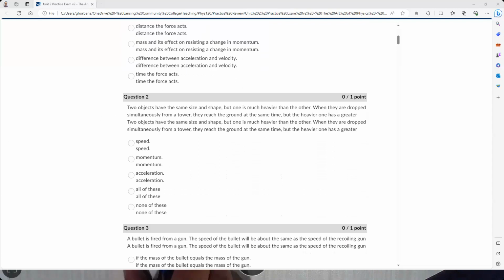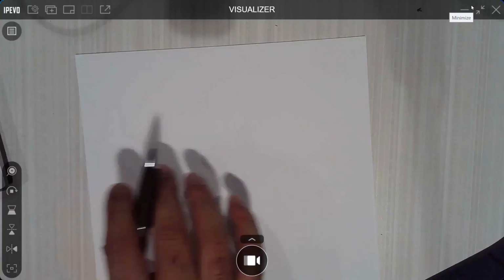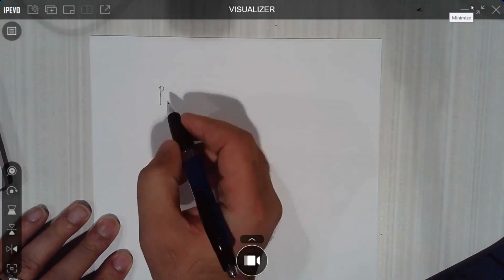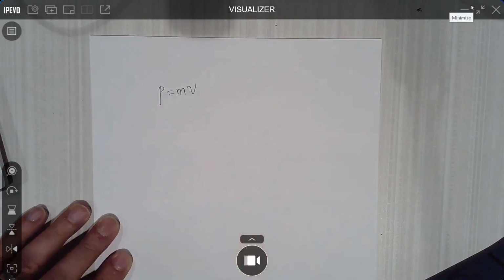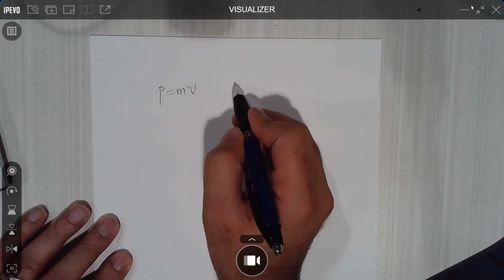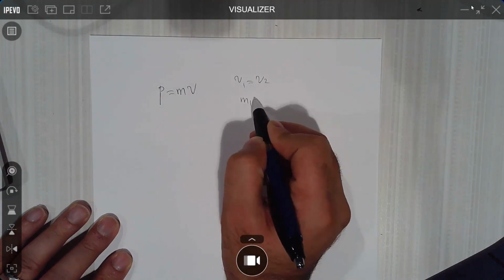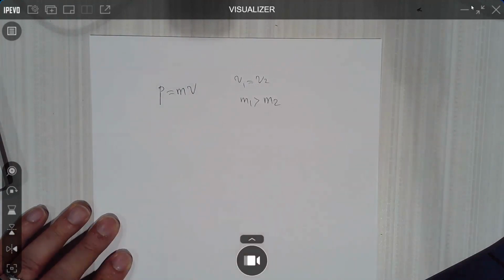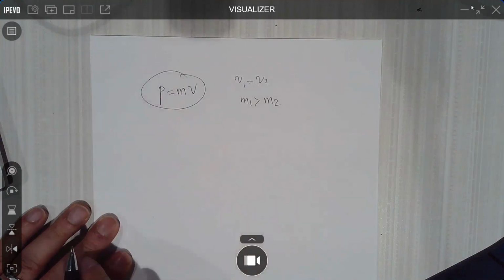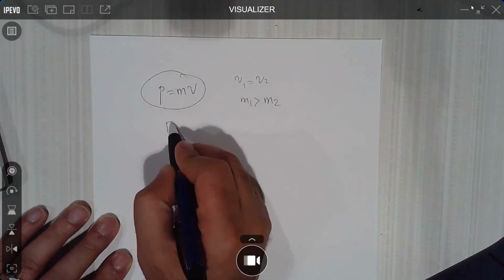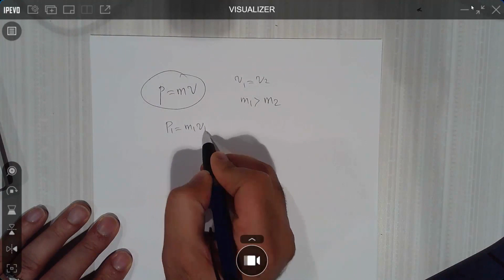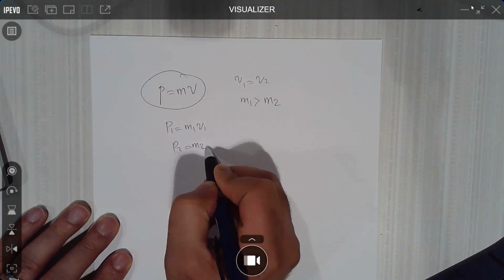What was the momentum? You remember what the momentum was? Let me just write it down. The momentum is p = mv. If the two balls have the same velocity but the masses are different, let's say m1 is bigger than m2, based on this formula, we write p1 = m1 v1 and p2 = m2 v2.